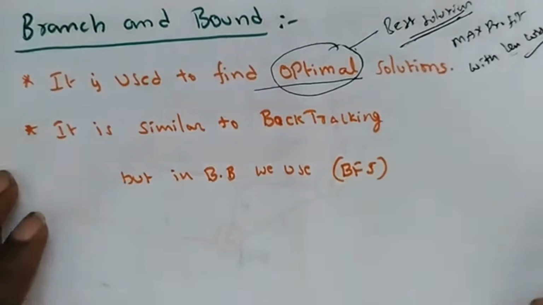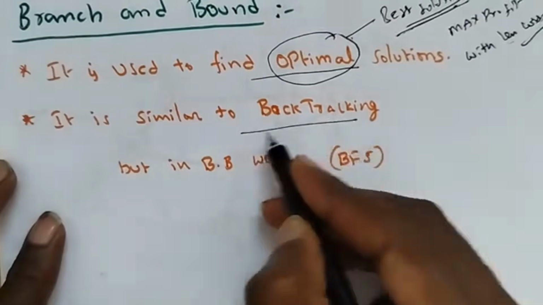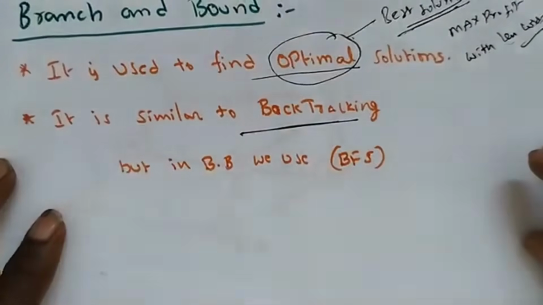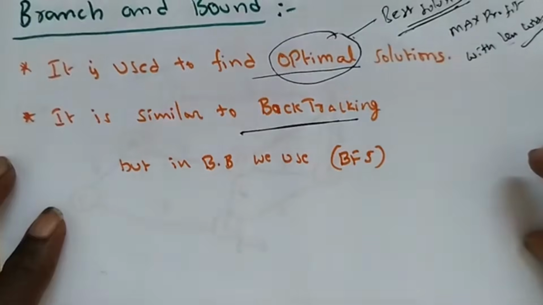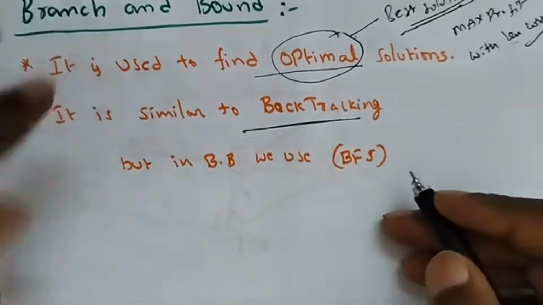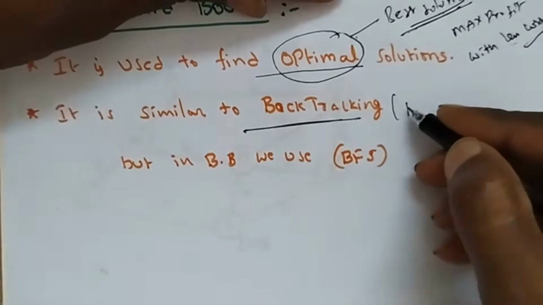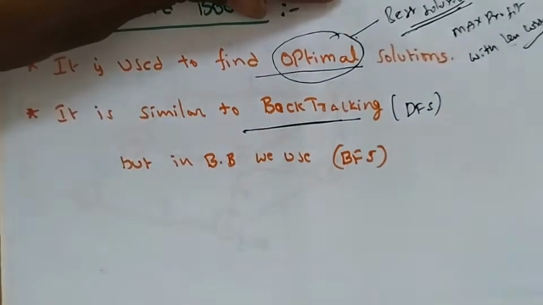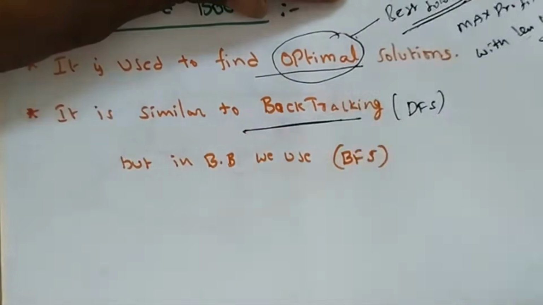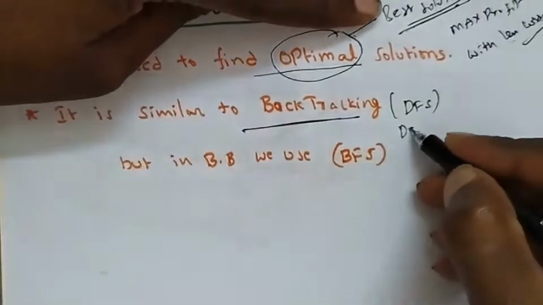Next, it is similar to backtracking, but what is the difference? In backtracking, we use DFS technology. What is the meaning of DFS? It is depth first search.